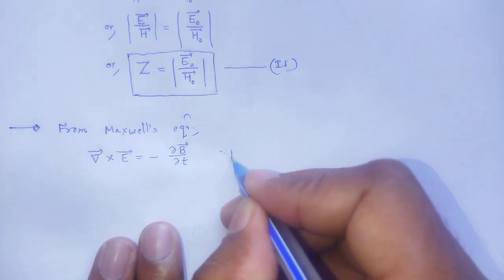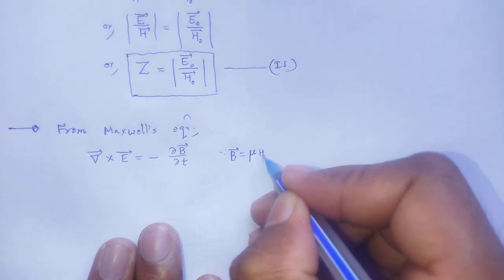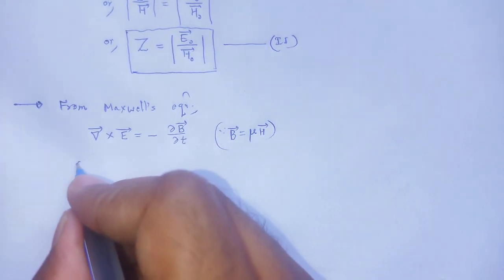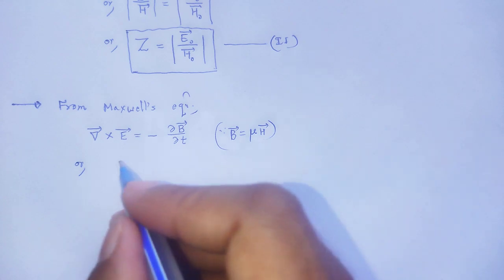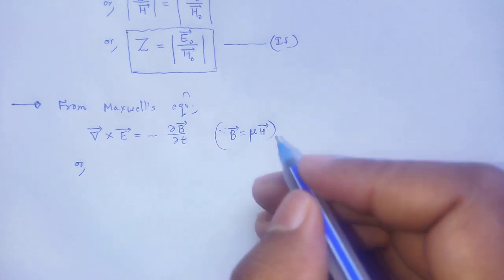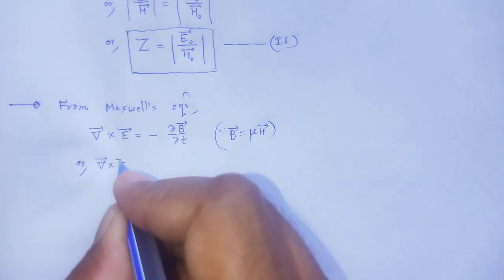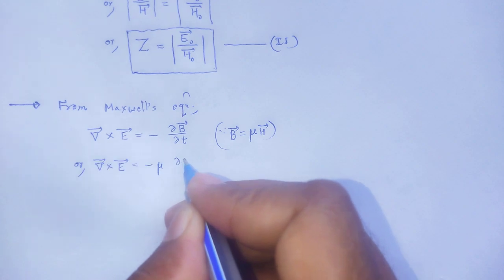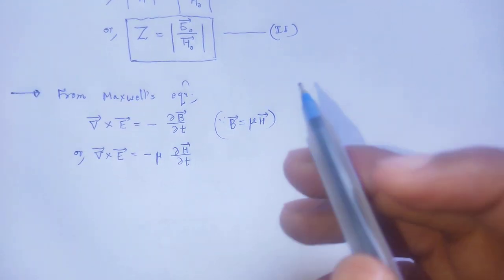As we know, B vector is equal to mu H vector. Therefore, we can use it: grad cross E is equal to minus mu del H by del t.